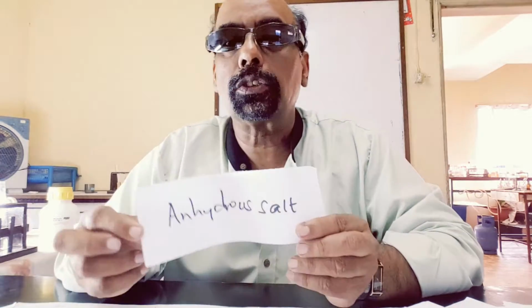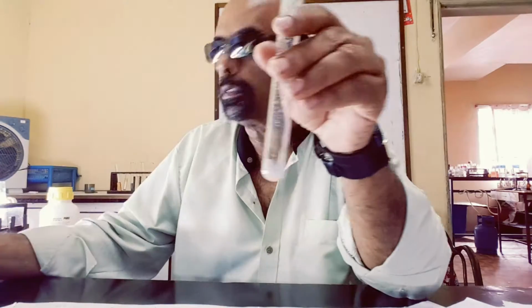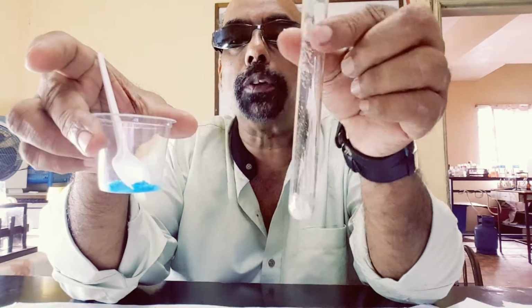It becomes anhydrous copper(II) sulfate. The anhydrous salt obtained is white in color. Its formula is CuSO4, with no water of crystallization.